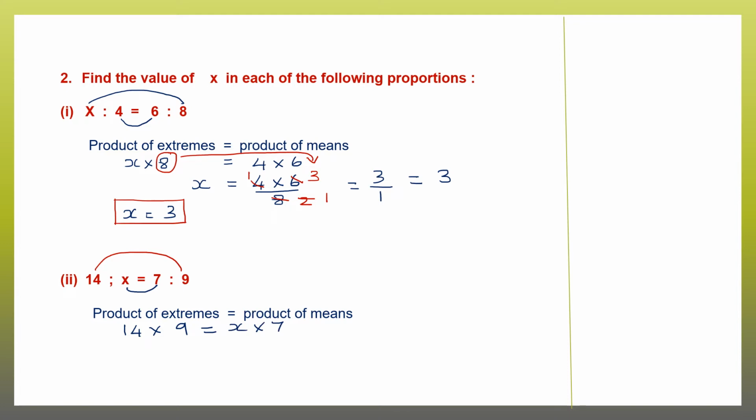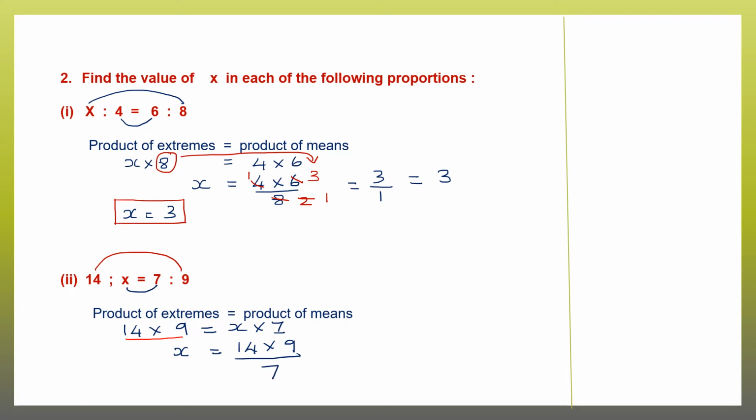So now I'm going to find the value of x. So I'll bring x to the left hand side and I will move this whole thing to the right hand side. So it becomes 14 into 9 and 7, which is along with x here. I'm going to take it to this side, so it becomes division.